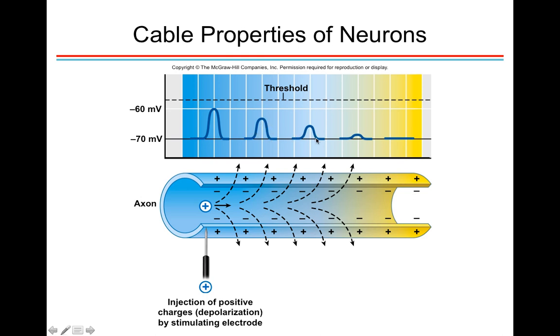the changes in millivolts will be weaker and weaker as the distance increases from the site of the event where the depolarization is occurring.